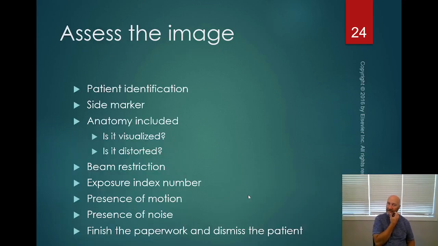So assess the image after it pops up onto your computer. Certain things have to be on every single image: patient identification and institution identification. The patient identification may be their name, it may be a number, but one of those two things needs to be present.